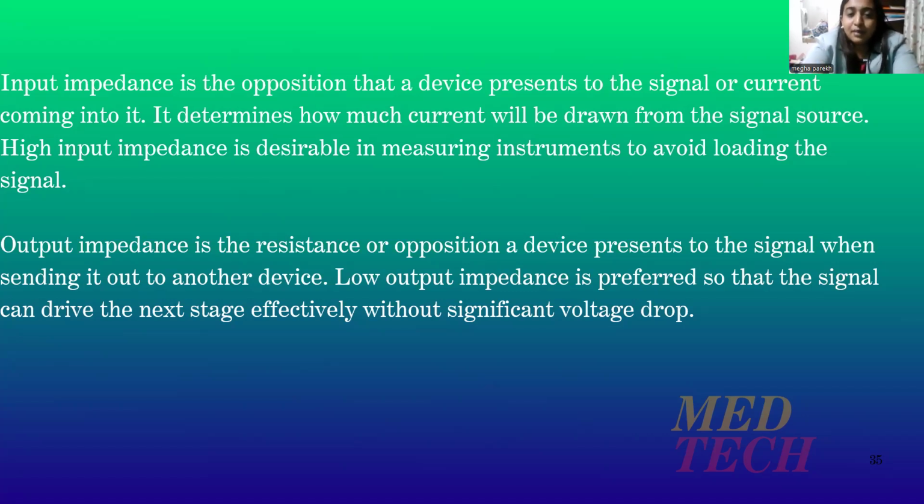Low output impedance is to get low voltage drop, and high input impedance is so the measuring instrument avoids loading the signal. So in the next lecture, we will study the dynamic characteristics of the system in detail.